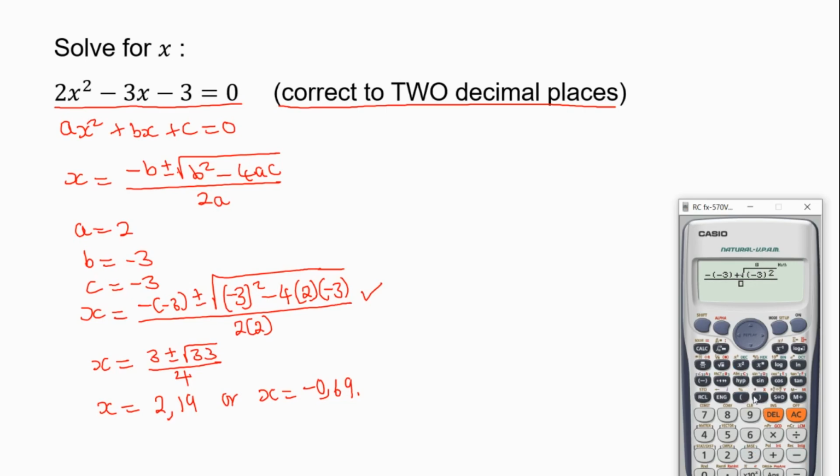We square here, and then minus 4. Then we put in the calculator just like this, and then negative 3 there for c. See that? And then we move down to the denominator, which is 2, then bracket 2, which is a there, and then equals. You see that?